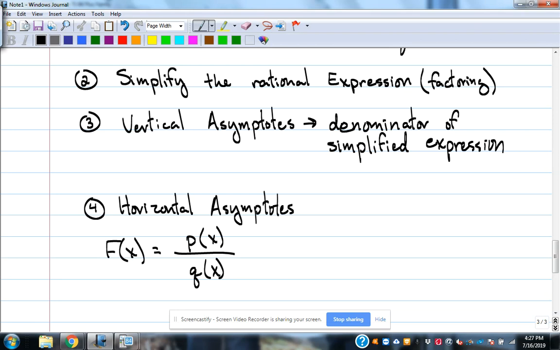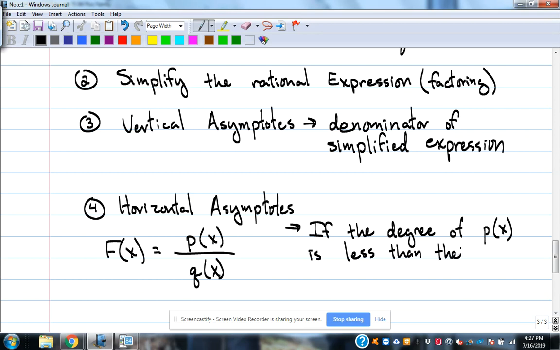So here's how the rule works. One rule of them, for a horizontal asymptote to exist, it says if the degree of P of X, the top, is less than the degree of Q of X, the bottom. If the degree of the top is less than the degree of the bottom, example of that would be something like x squared on top, x cubed on the bottom.